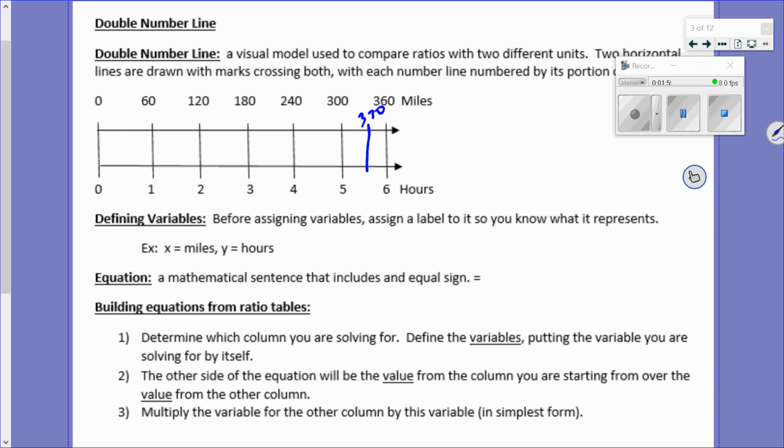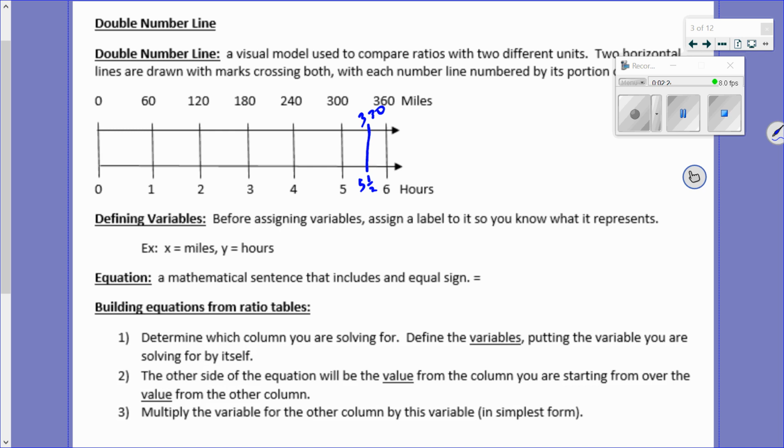So what would be halfway between 5 and 6? 5.5 hours, or 5 hours and 30 minutes. So this really is the big benefit to your double number line, guys. Finding those intervals that are in between our marked intervals. And we'll get more practice on that.